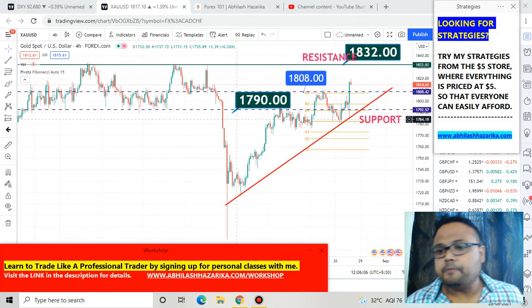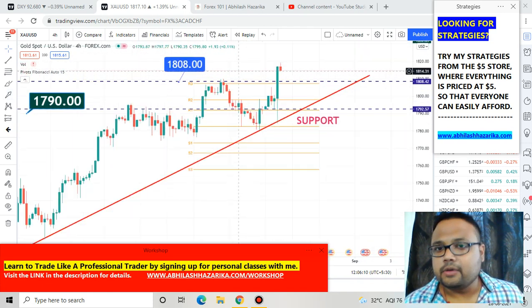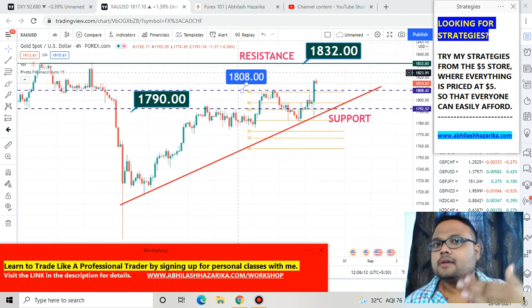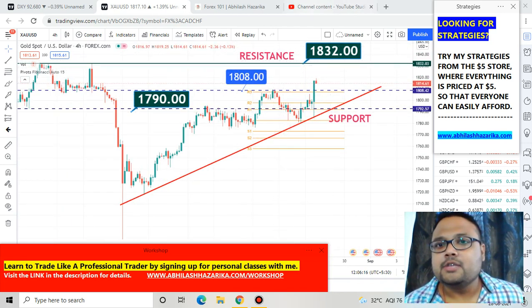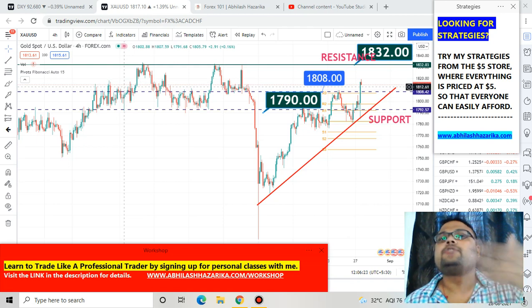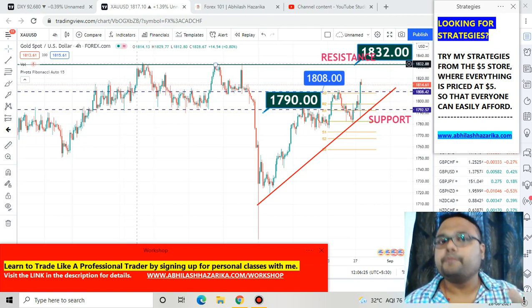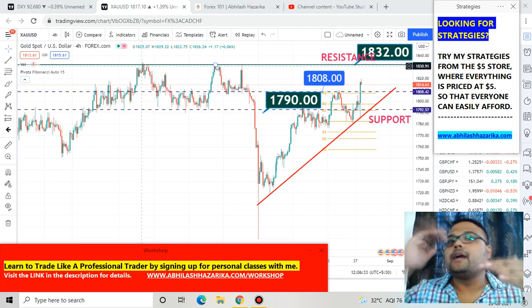After that, the important level on the gold USD chart is the resistance. As we have a support, we must have a resistance as well, and the resistance level is the 1832 level. If I zoom out the chart, you can see that previously when the market was trading above this level, 1832 was the resistance, and the market failed to cross the 1832 level whenever it was going upside.